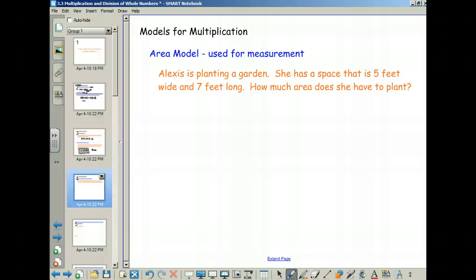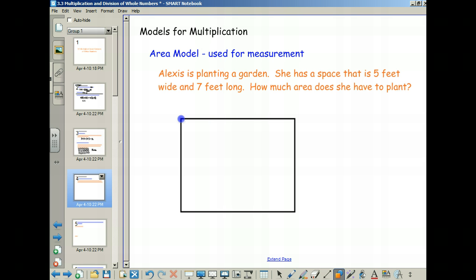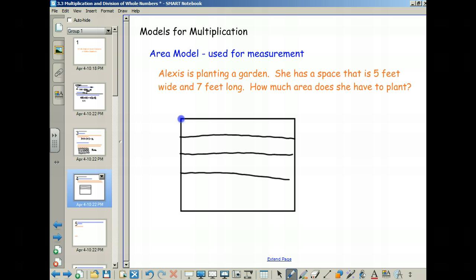So when you're taking a look at this perspective, you're thinking in terms of drawing a rectangle. It needs to be 5 by 7, right? So I'm supposed to have 5. I'll make them rows. Of course, they should look roughly equal. Mine aren't perfect, but yours won't be either. And then we need 7 columns.